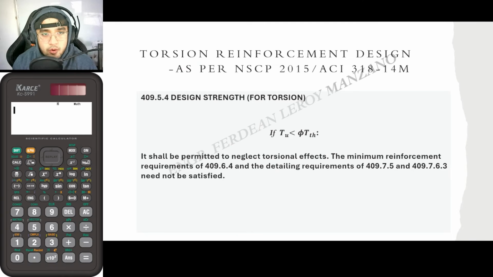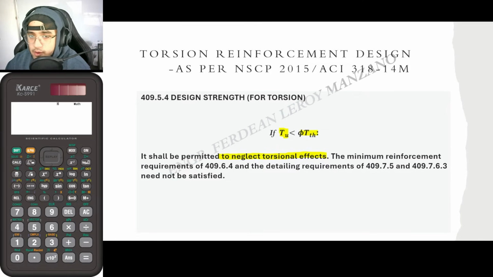So according to the code, according to code 409.5.4, if Tu, or the ultimate torsion, is less than phi times Tth, it is actually permitted to neglect torsional effects. So meaning, guys, if Tu is less than phi Tth, you could actually neglect the torsional effects. So in other words, kahit wag ka na daw pong mag-design in torsion.